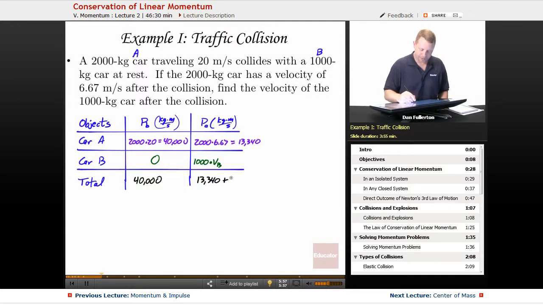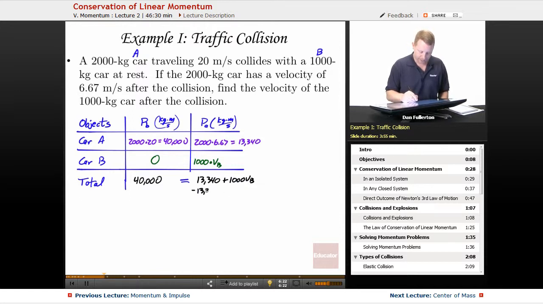And if I find the total by adding those up, I come up with 13,340 plus 1,000 VB. Now we apply the law of conservation of momentum, which says that the total momentum before the collision has to equal the total momentum after the collision. We do that by just stating that our totals here must be equal. A little bit of algebra. 40,000 equals 13,340 plus 1,000 VB.